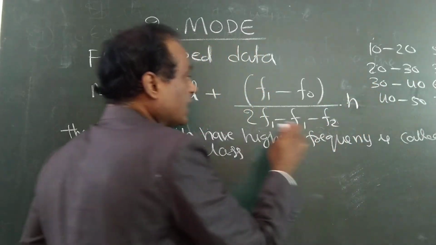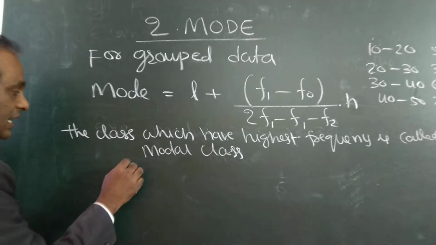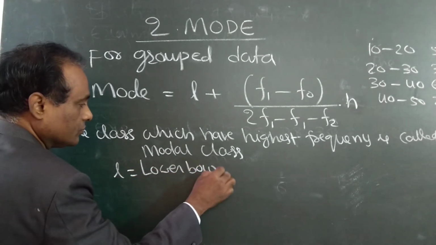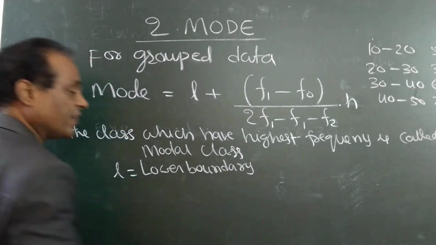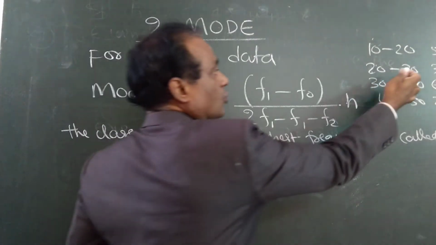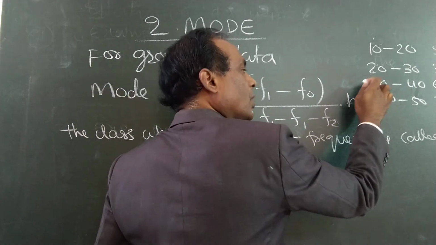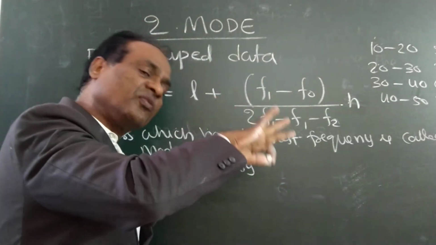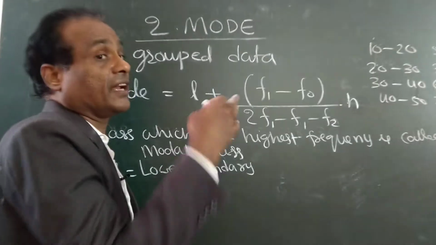The lower boundary is called L. Lower limit and lower boundary are different, but if these two are the same, then boundary and limits both become the same. If any such example is given, I will explain the difference between the lower limit and lower boundary.